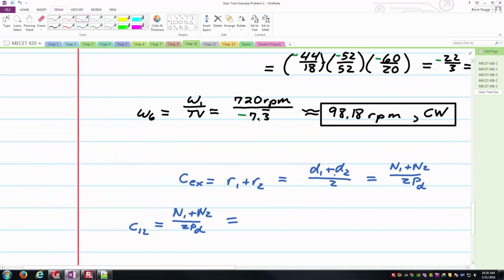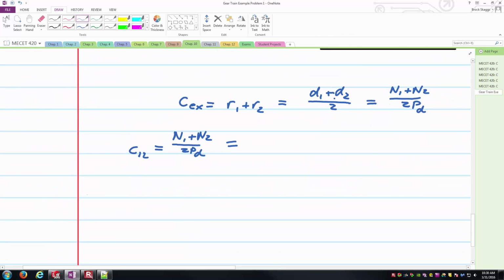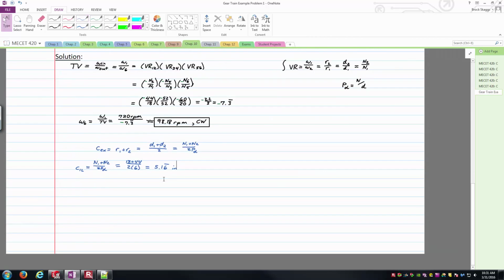So 18 plus 44, the sum there, all over 2 times 6, which was our diametral pitch here. And so I'll just grab my calculator, compute that value. 18 plus 44 divided by 12 is 5.16 repeating inches there for the center distance between the first and second shaft.